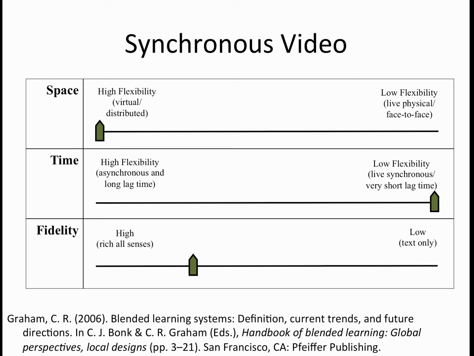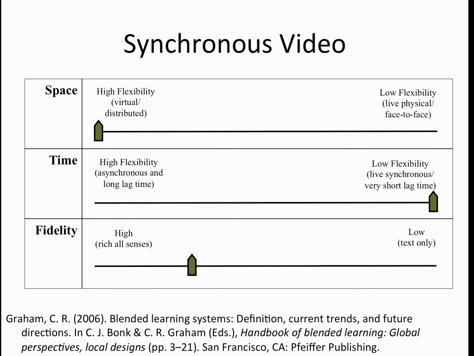So some people have found that they really want to increase the fidelity and they want to have more of that synergy and communication. And so what they've done is they've begun to use synchronous video communication. So you do have more fidelity, you can generate a little more synergy, but you lose the time to reflect before you communicate, which can be a negative in some instances, but you still maintain a high level of flexibility in space so you can reach a broader audience.